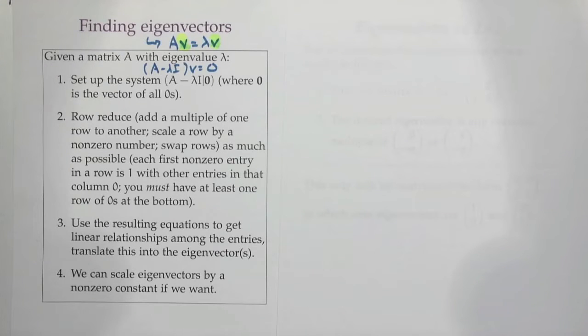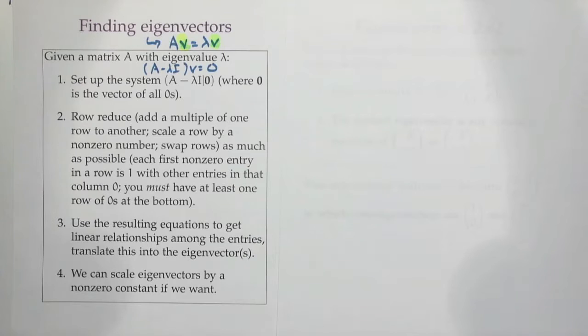Now you won't be able to go all the way. You're guaranteed that you're going to have at least a row of all zeros on the bottom. The reason you're guaranteed is because this matrix A minus lambda I is, you might call it, deficient; we're counting on the fact that you can't have full rank.